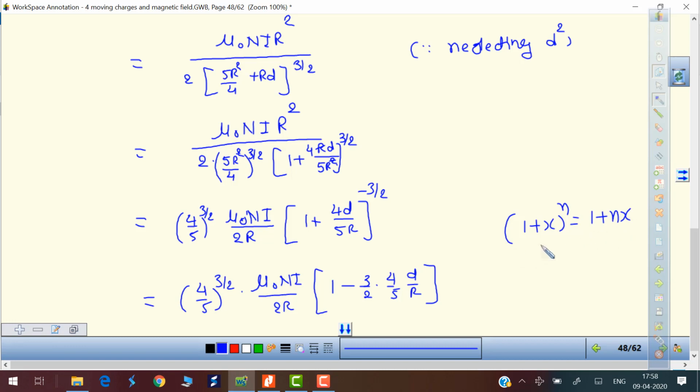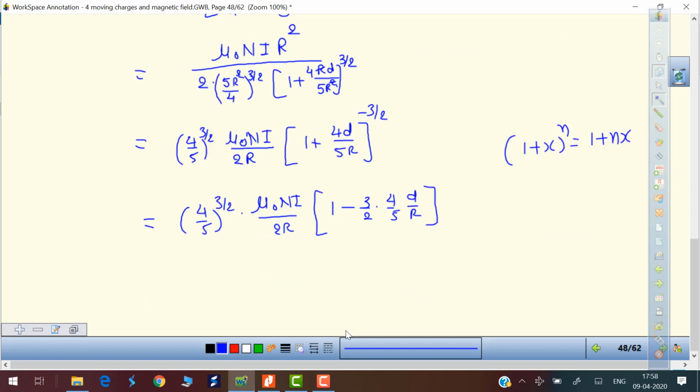You remember now, binomial expansion. So this is equal to 4 by 5 raised to 3 by 2, mu 0 n I upon 2r. So this comes out as 1 minus, 2 cancels, so 6 by 5.